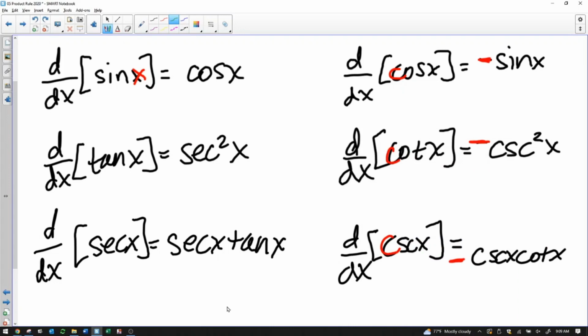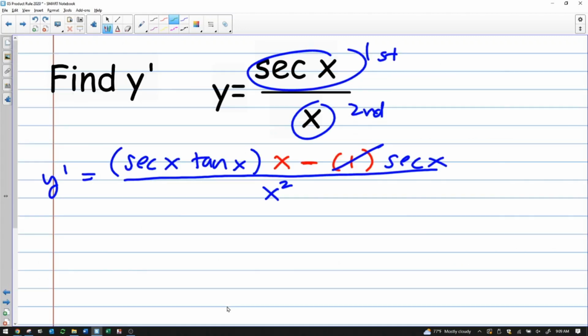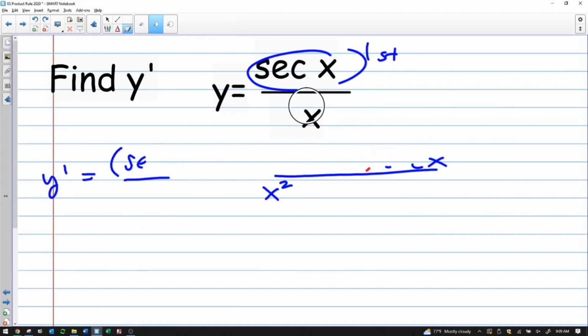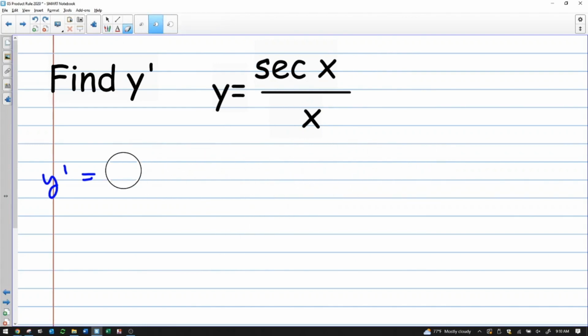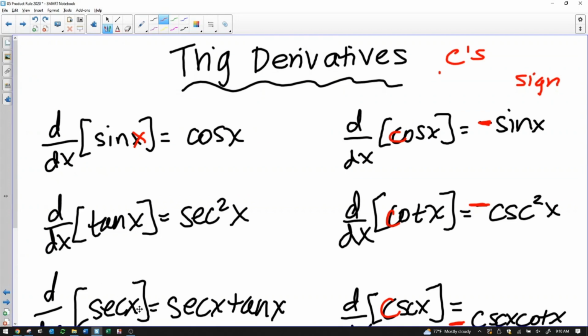I'll post this, because I know we're kind of running out of time. But let me show you how to do this. If you have a quotient rule and one of these trig functions, and you want to find the derivative, it's going to be the derivative of the first. What's the derivative of secant x? The derivative of secant x is secant x tangent x.